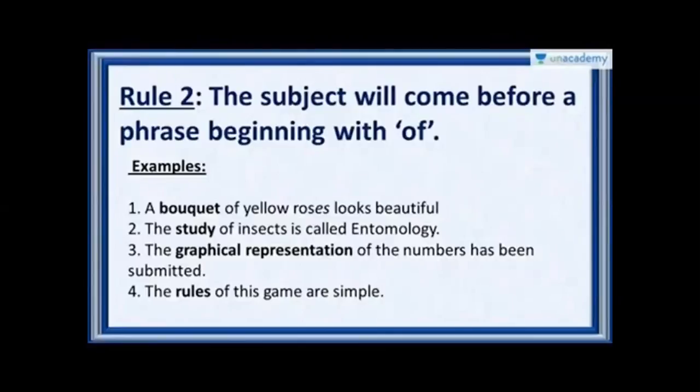The study of insects. What are we talking about? The study of insects. Of the numbers. What is of the numbers? The graphical representation of the numbers. Of this game. What is of this game? The rules of this game. So when you have a phrase beginning with of, the words before of are said to be subjects.